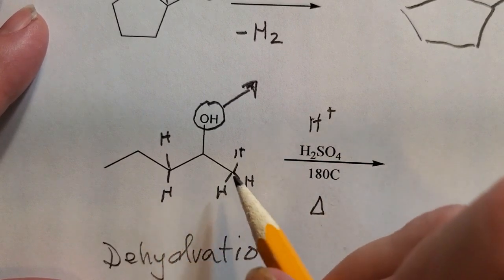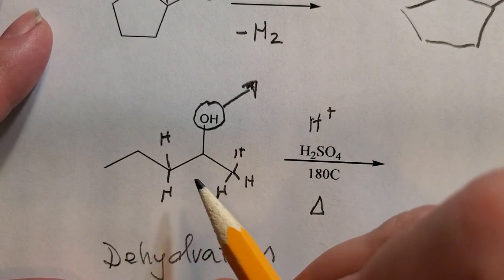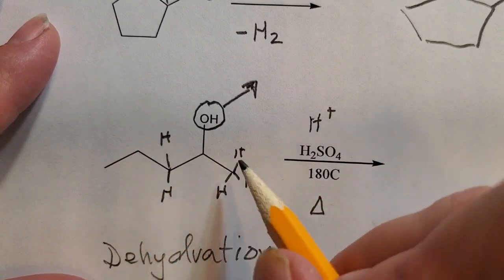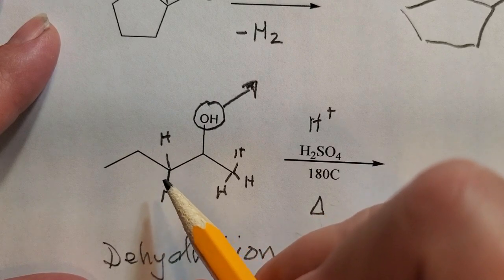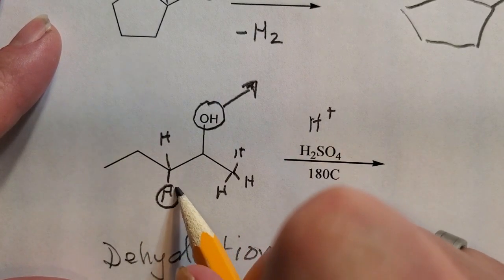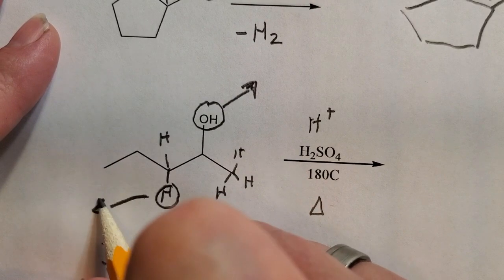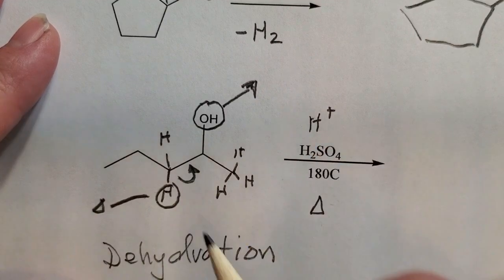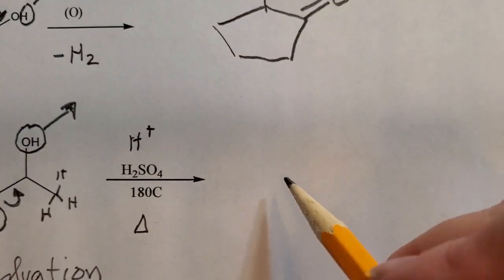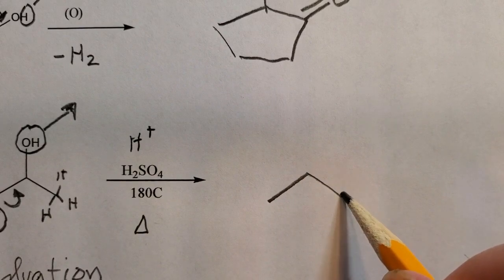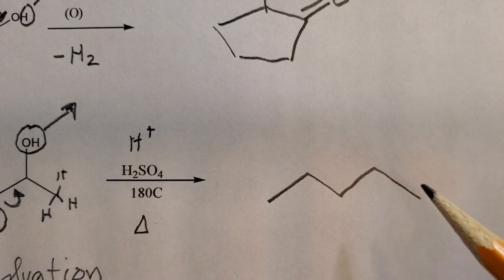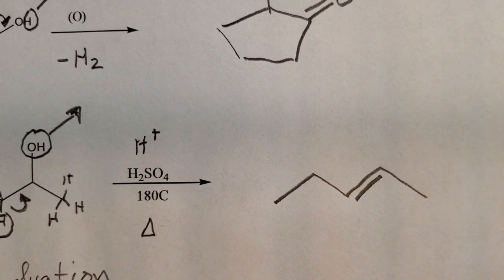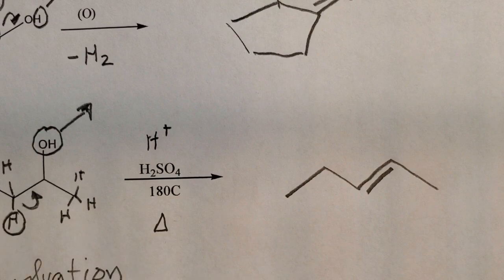This one or this one? We're going to remove the one that is attached to the carbon with the least number of hydrogens. This has 2, this has 3, this has the least number of hydrogens, and so we're going to remove it. And its bond is going to go there. So this is 2, 3, 4, 5. That's where the bond goes. There you have it. Thank you.